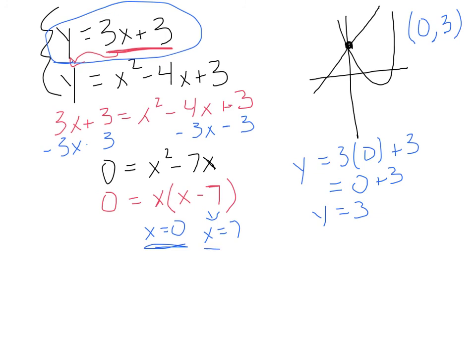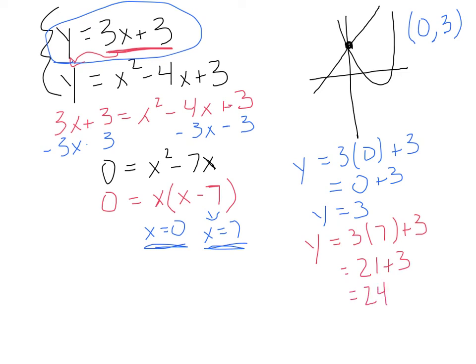That's going to be where x equals 7. So again, I'm going to plug it back into that equation. y equals 3 times 7 plus 3. And we get 21 plus 3, so we get 24.